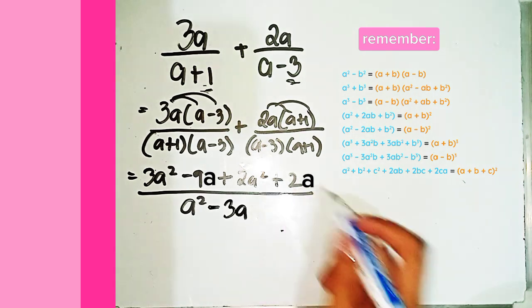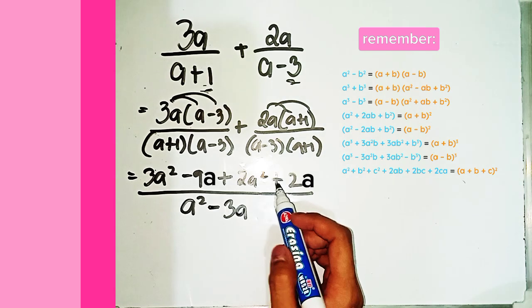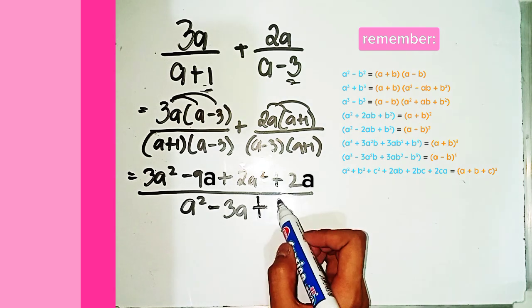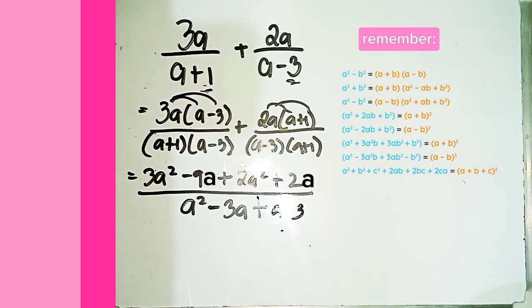Minus 3a plus 1 times a, that would be a plus a, and 1 times negative 3, that would be negative 3.